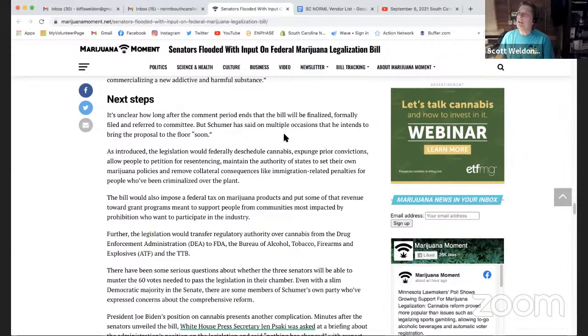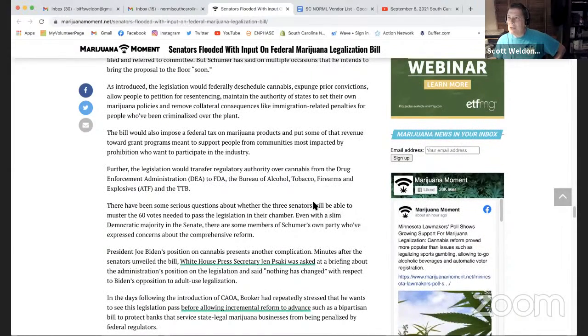So, Schumer does say they want to do it soon. I have already heard calls to get this on the floor and be debated this year, before the end of session this year. As introduced, the legislation would federally deschedule cannabis, expunge prior convictions, allow people to petition for resentencing, maintain the authority of states to set their own marijuana policies, and remove collateral consequences like immigration-related penalties for people who have been criminalized over the plant.